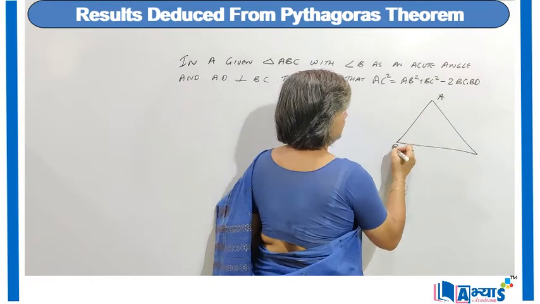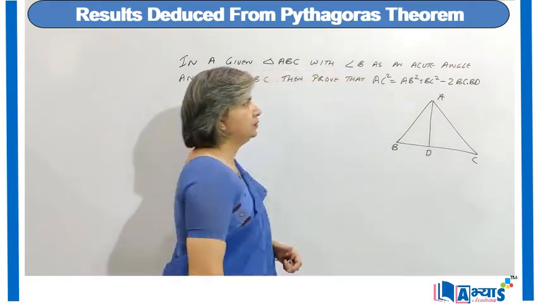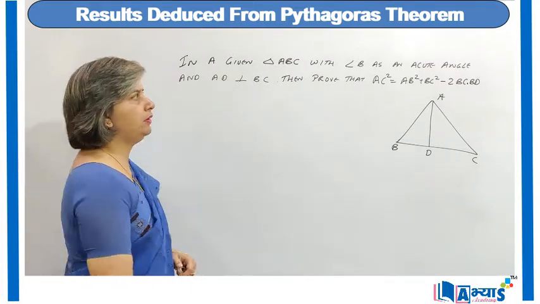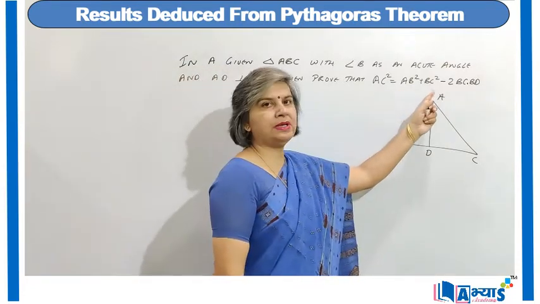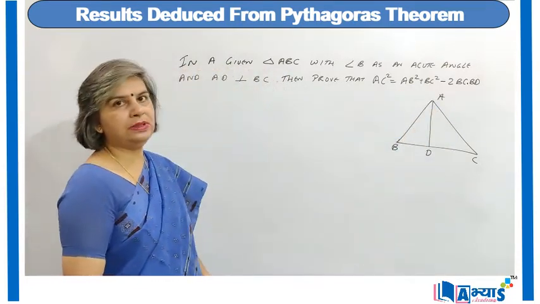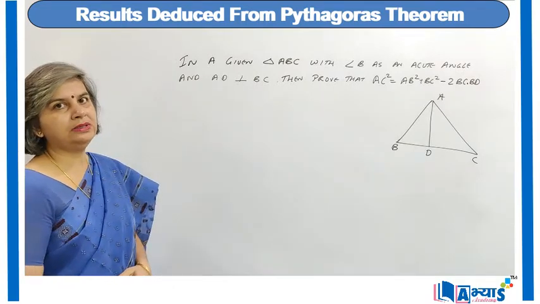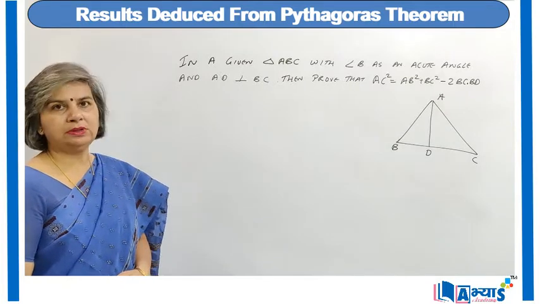Now let us take the triangle ABC, and AD is perpendicular to BC. In this triangle ABC, all are acute angles, and we have to deduce the result: AC square is equal to AB square plus BC square minus 2BC into BD. Or we can say that the sum of the squares of the two sides is greater than the square of the third side.